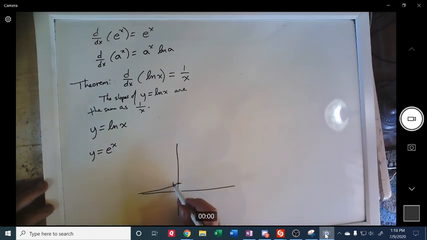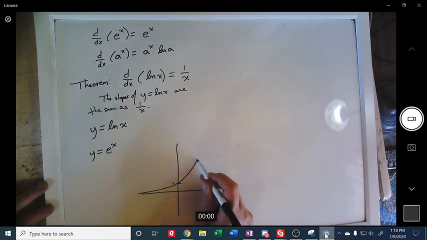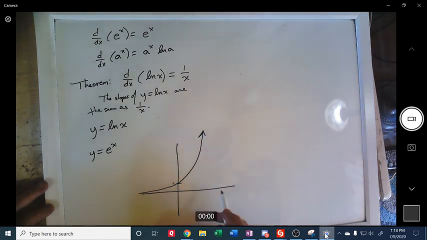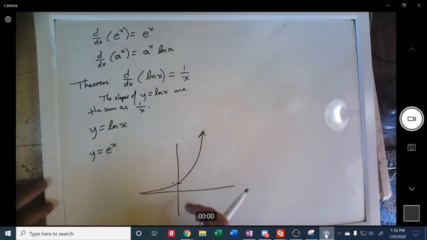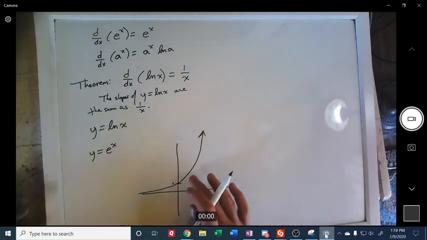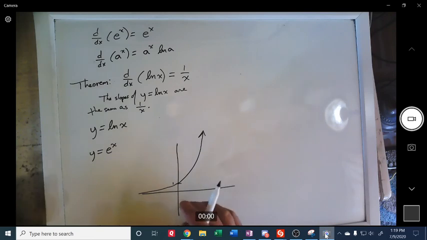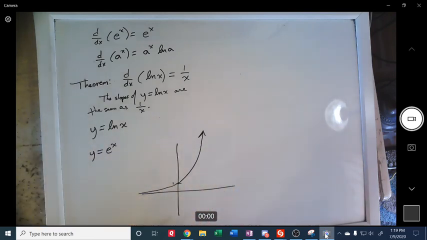It goes through a height of 1 and increases very fast because e to the 0 is 1. And so this goes up even faster than y equals 2 to the x. It doesn't go up quite as fast as y equals 3 to the x because e is approximately 2.71.